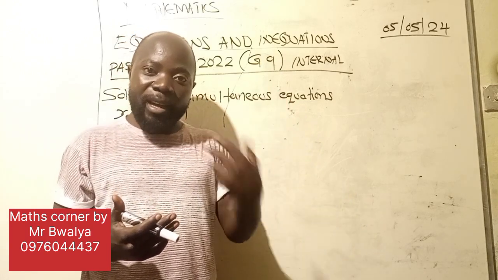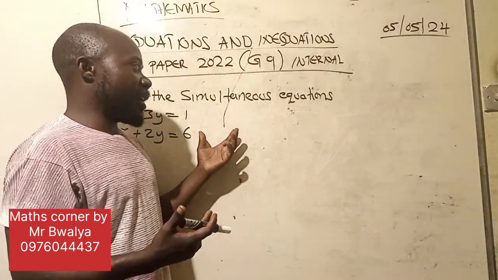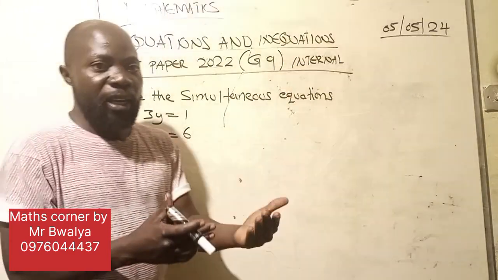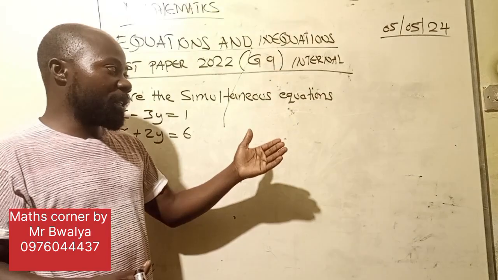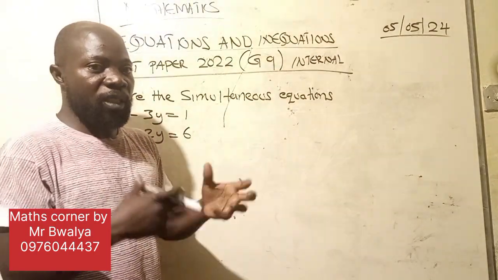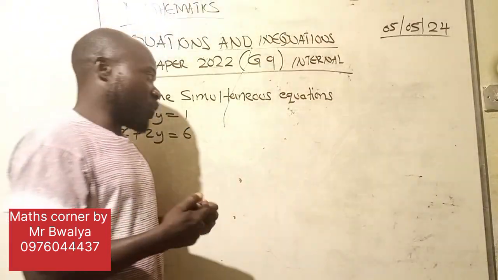We are going to go with the elimination method, then later on you do it under the substitution method, then you see which one will be simple for you and which you'll be able to work out.